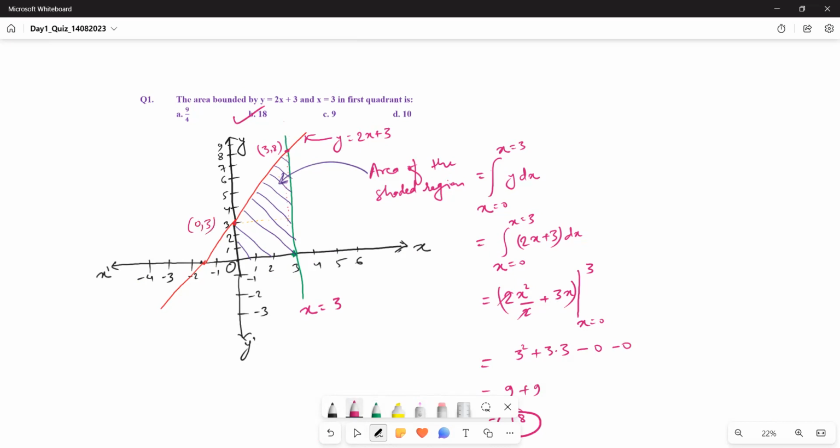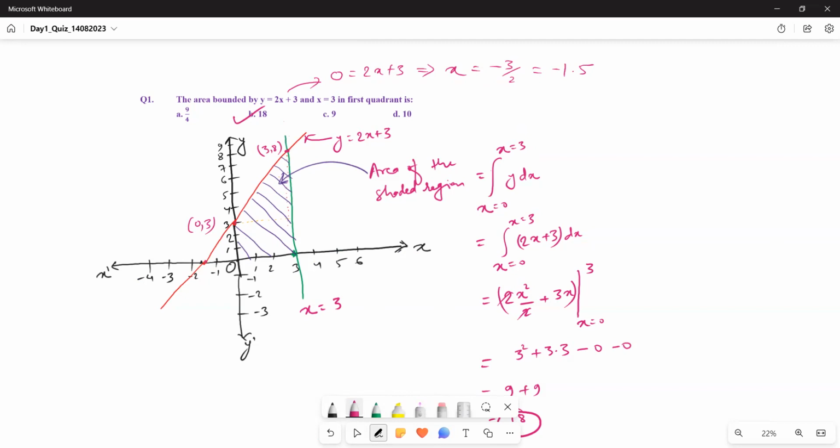When you put y equal to 0, it will be 0 equal to 2x plus 3, so it gives x equal to minus 3 by 2, that is minus 1.5, right? So this line will also pass through this point, and when you draw this, it will be a straight line.